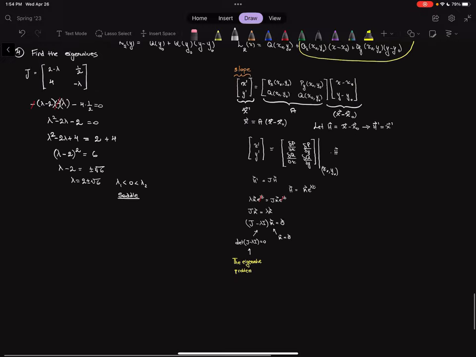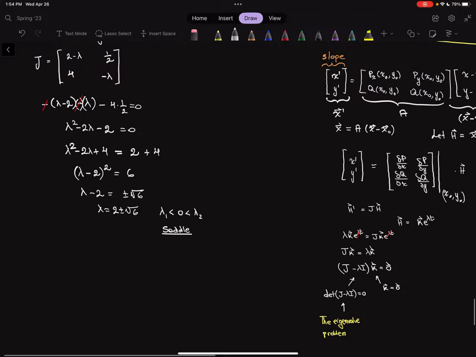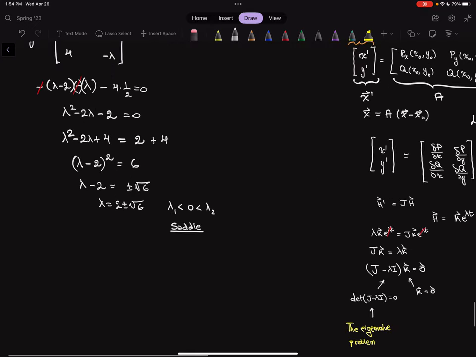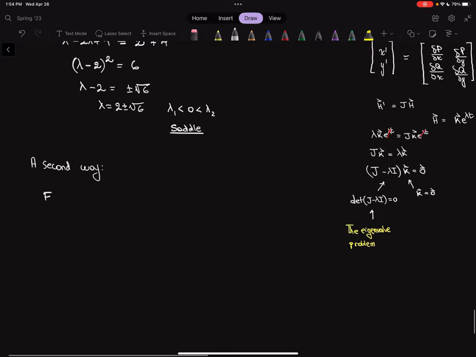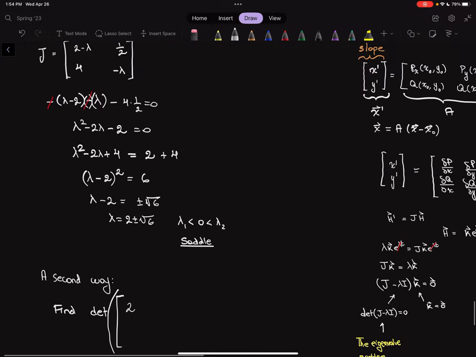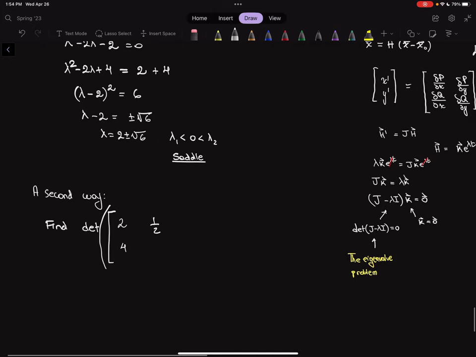And another way to do it would be to look at the determinant of the matrix. So a second way would be to find the determinant of the matrix, the Jacobian, 2, 1/2, 4, and 0.